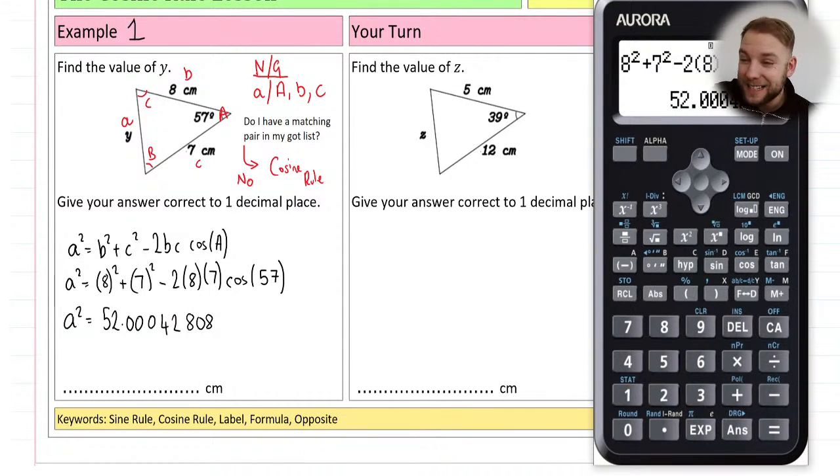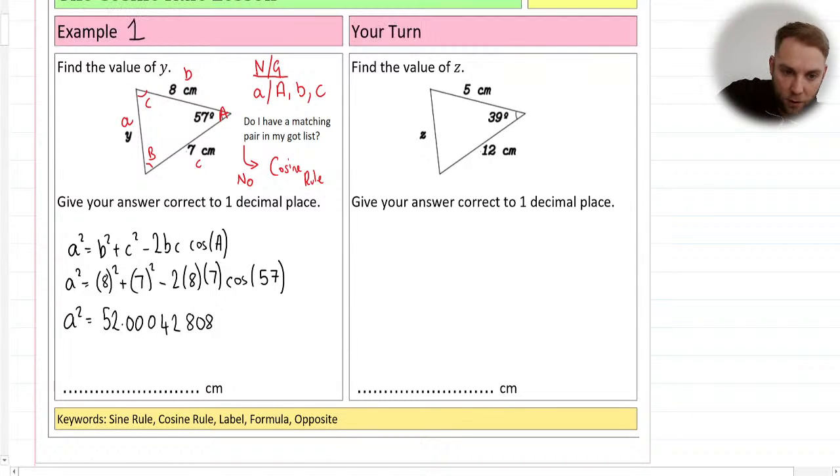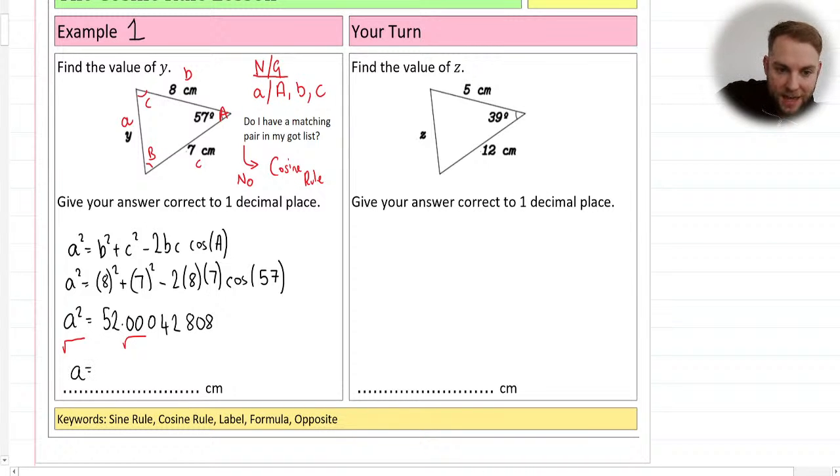So the next thing and the last thing I need to do is to get rid of that squared by square rooting the other side. So square root of my answer, which in this case is equal to, to one decimal place, 7.2. So I need to square root both sides to find out what just A is. And that's equal to, A is equal to 7.2 centimetres there, to one decimal place. Brilliant.